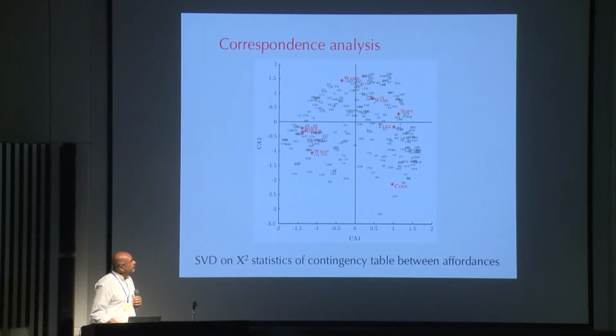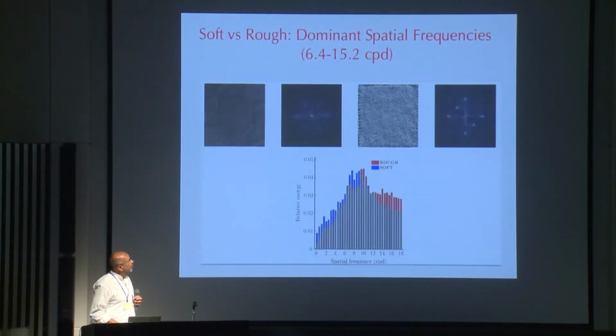So what we did was separate the fabrics into properties that seem to go from the correspondence analysis. So here is soft versus rough. And when we looked at them, and we looked at their global Fourier transforms, an interesting thing jumped out, that the rough ones, this is just one example, it's true for whole classes, just seem to have more energy in the higher frequencies than the soft ones did.